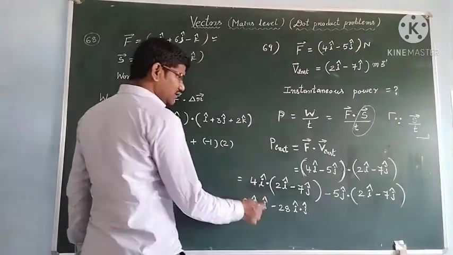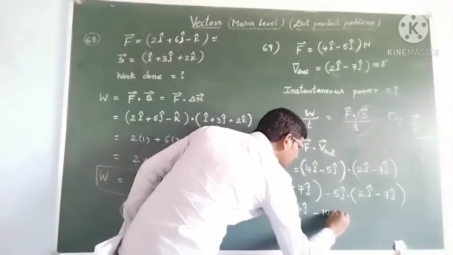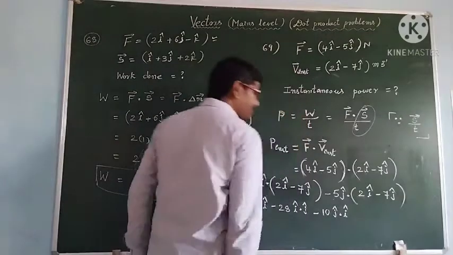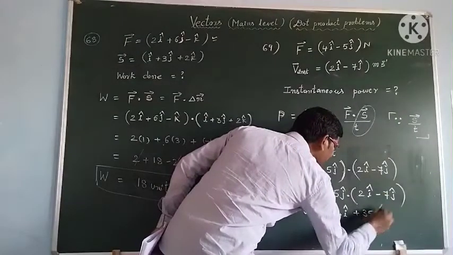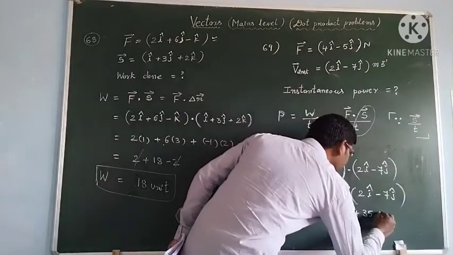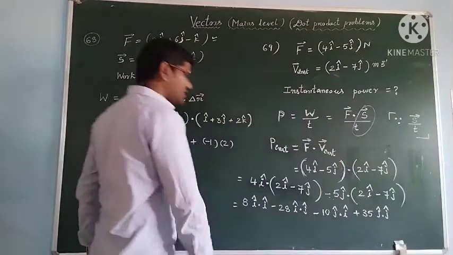And minus 5 into 2 is 10 into j cap dot i cap. Minus into minus is plus, 5 into 7 is 35, j cap dot j cap.